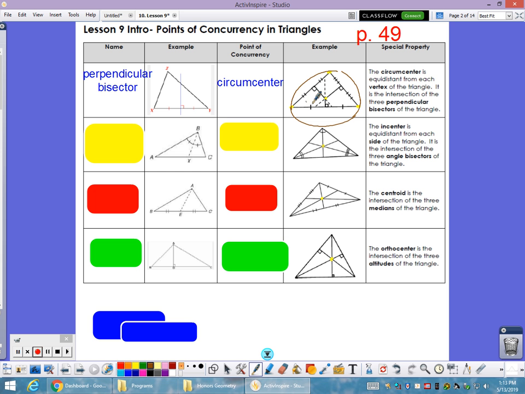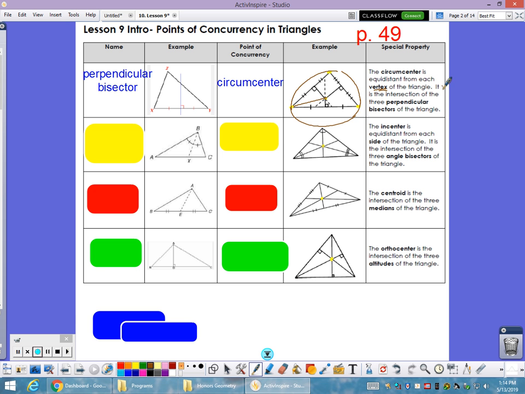That distance is my radius, and I can swoop it around. That is the center of the circle where all the vertices lie on the circle. So the circumcenter is equidistant from each vertex of the triangle.